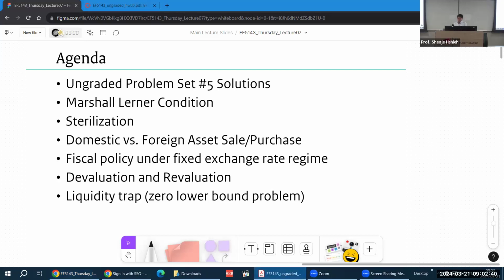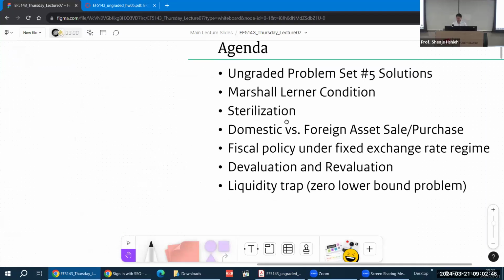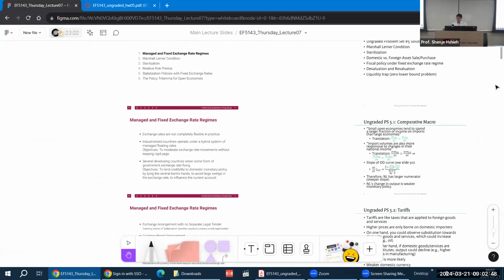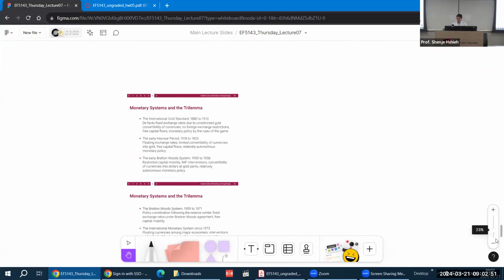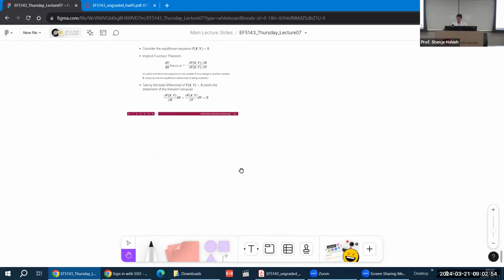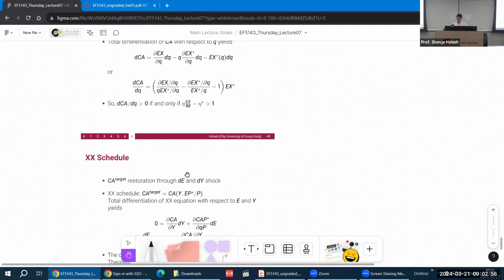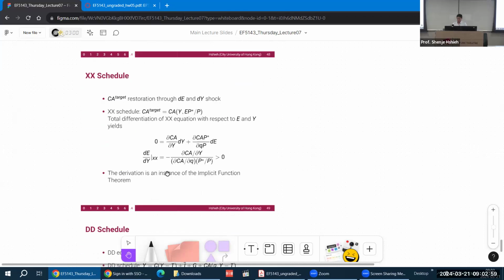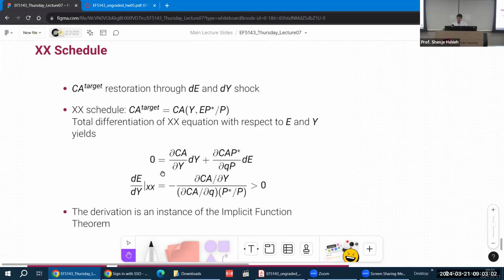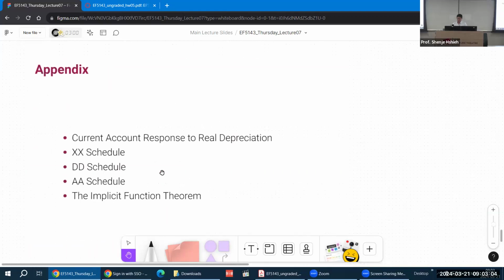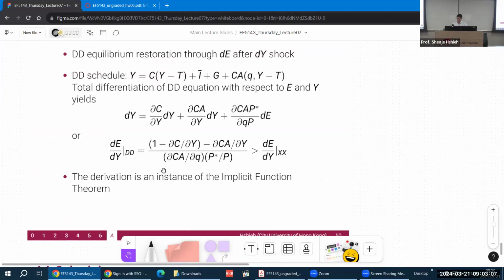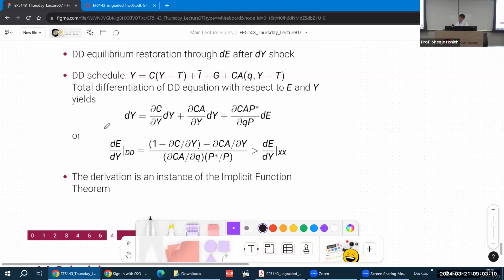I posted the slides a little bit late, but in order to fully complete problem set number 5, you needed to go to the appendix of this week's slides and try to use the more mathematical definition of the DD schedules, with an expression like this, and try to answer the question from the homework assignment. That was just seeing if you were able to think a little bit harder.